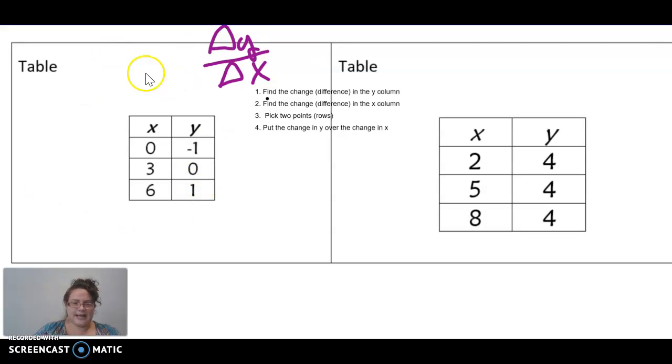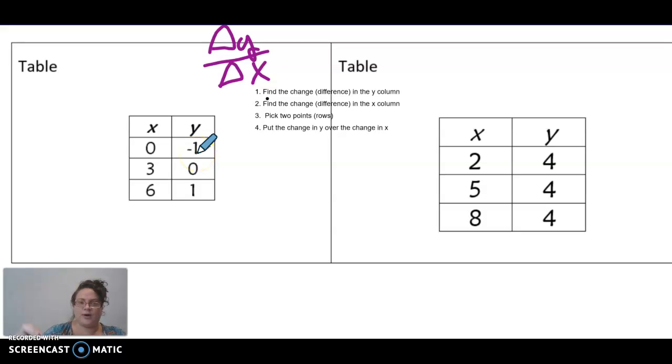Let's start with this table here on the left. We want to find the change in the y column, which is here on the left. So -1 to 0. We want to know what is the change there. We can always do subtraction. What is 0 minus -1?